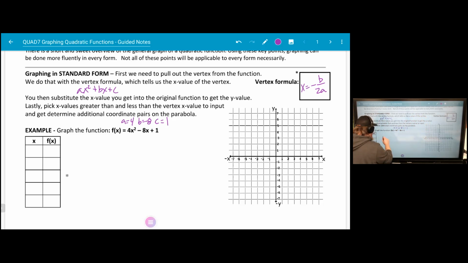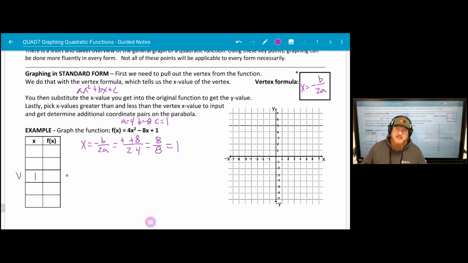So x equals, again, -b divided by 2a: -8, that's +8, divided by 2 times 4, that simplifies to 8 divided by 8, which is 1. The x coordinate of our vertex is 1.